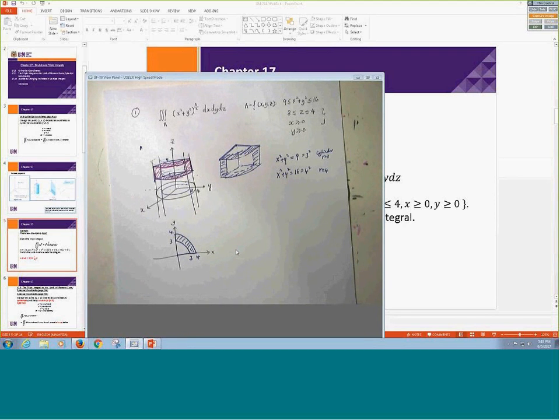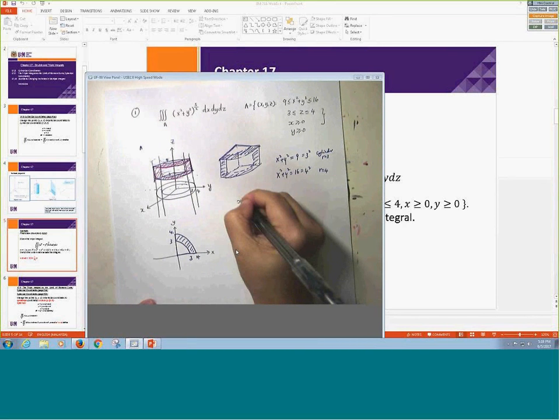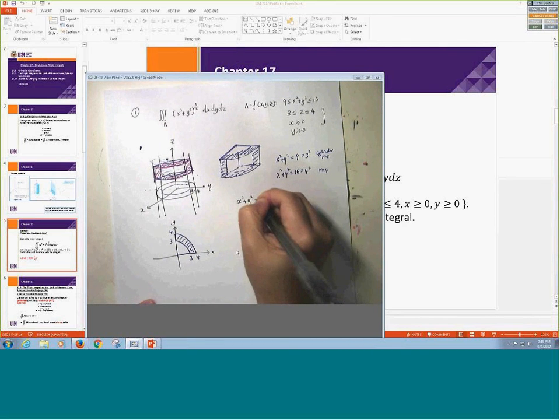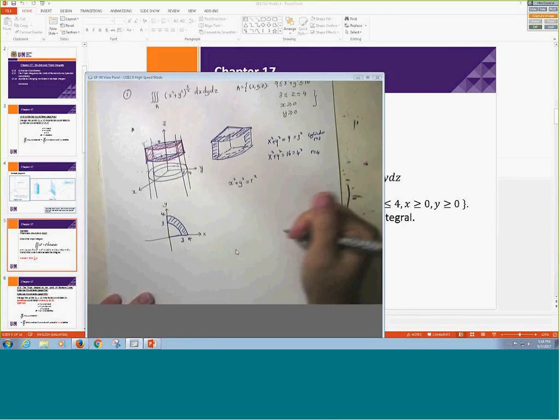So now we want to transform because it involves the circle, the cylinder. It's easier if we transform to cylindrical coordinates and solve the integral using cylindrical coordinates. We know that x squared plus y squared equals r squared, because x equals r cos theta, y equals r sin theta.